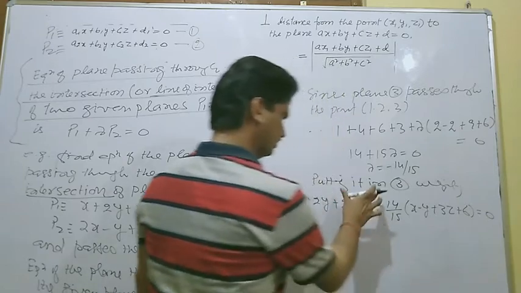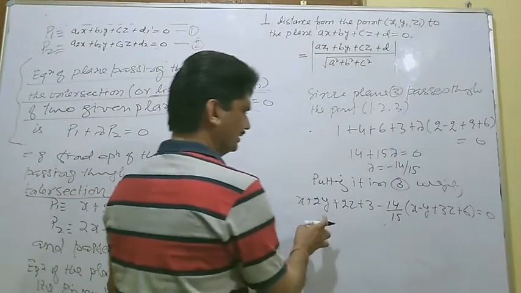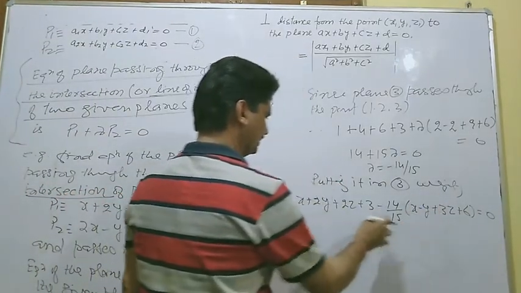So after simplifying we get the equation of the required plane. 15 is multiplied here and then 14 is multiplied that side.